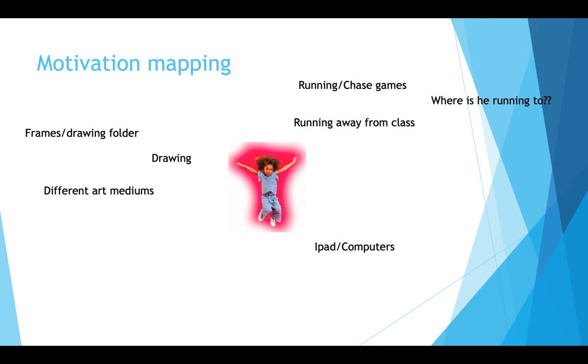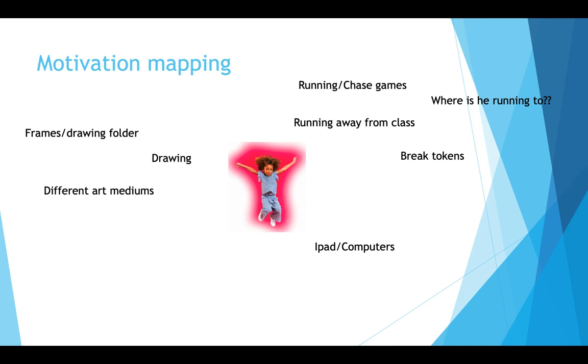So they might always run to the IT suite. They might always run to the office where they can see people coming and going because they're waiting for mum, maybe. They might always run to a quiet space in the school. They might always run to their sister's class. Maybe break tokens is a reinforcer that we could draw out of this motivation to run away from class.